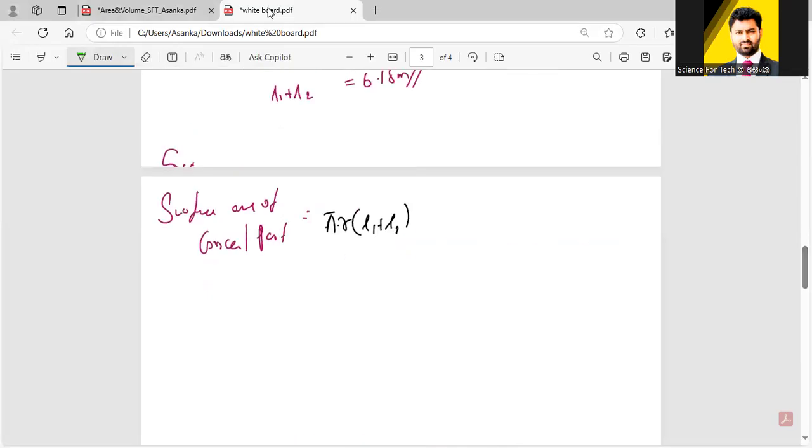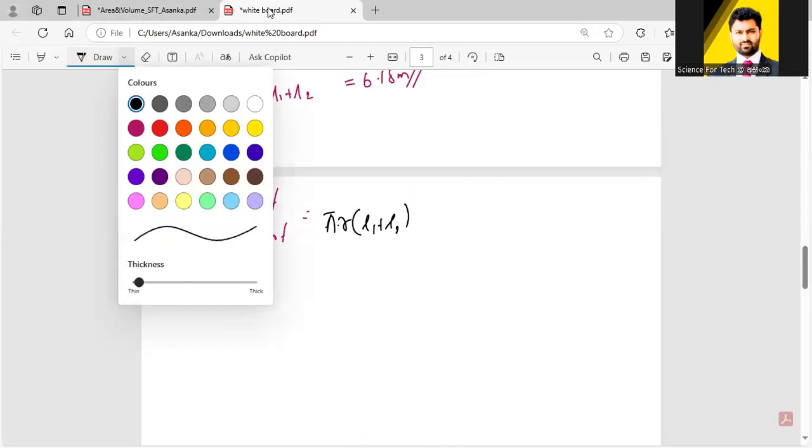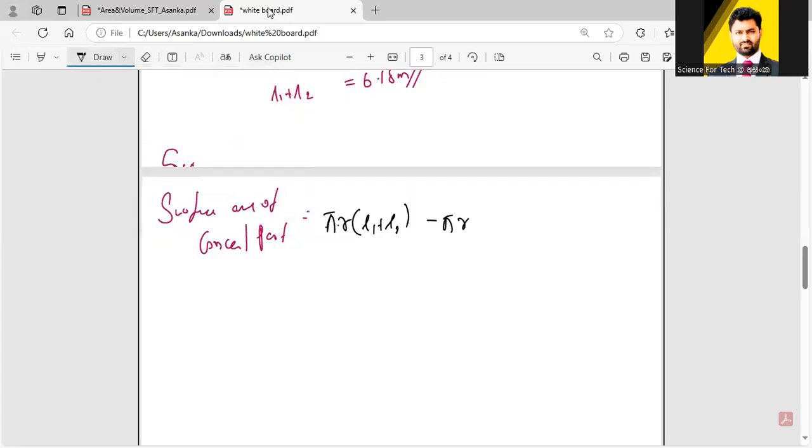Then this is going to be subtracted by pi r L1. This is R1, this is R2, otherwise it's misleading.